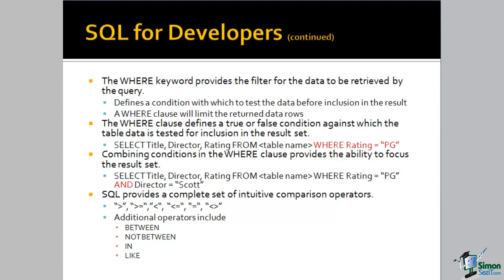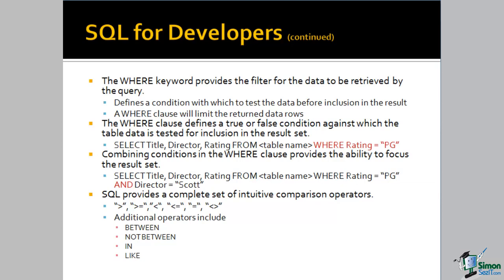We can combine conditions using the and keyword. So in this example, we're saying select only these columns from some table where the rating is equal to the string PG and the director column is equal to the string Scott. Now we're focusing the query on the specific data that we're interested in.